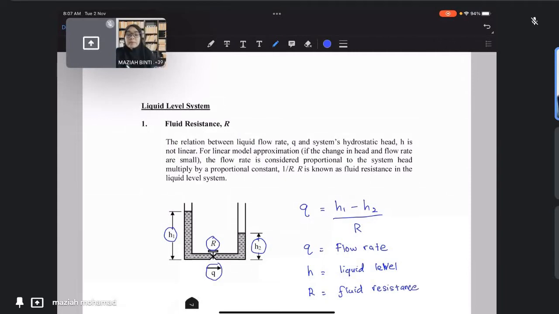So the flow rate between 2 tanks will be based on the difference of liquid level in tank number 1, H1, minus tank number 2, H2, multiplied by 1 over R, where R is the fluid resistance. That is our first equation for the liquid level system.